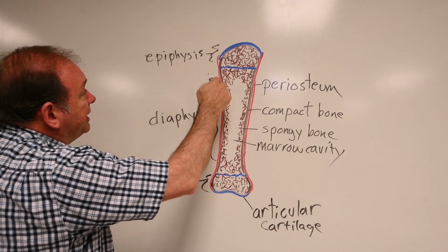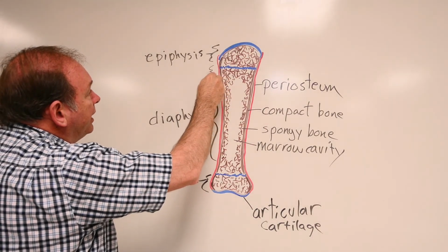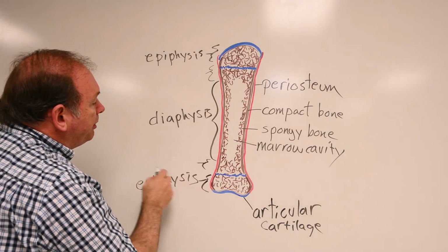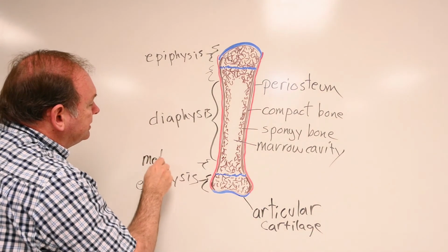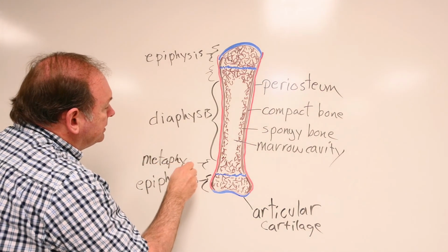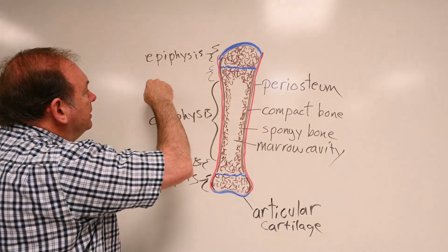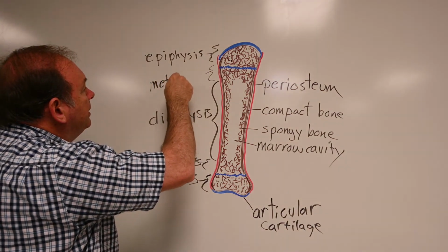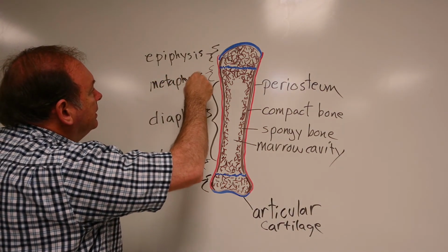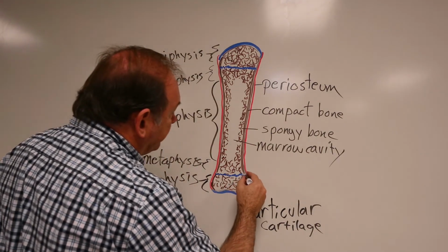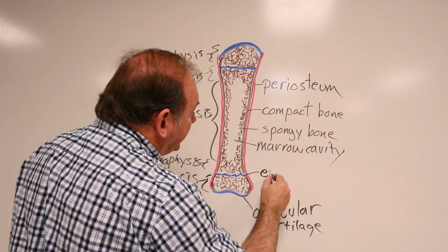Between the epiphysis and diaphysis, there's a small zone right here on either end that would be called a metaphysis. And of course, at either end, we also have that epiphyseal plate.